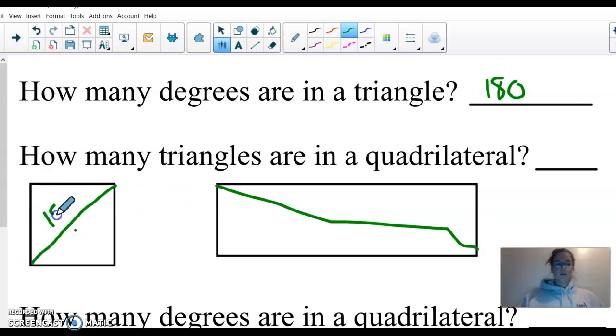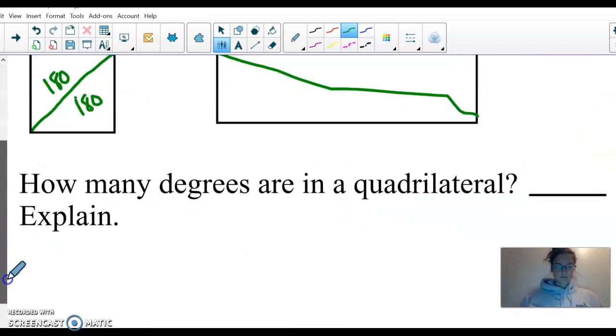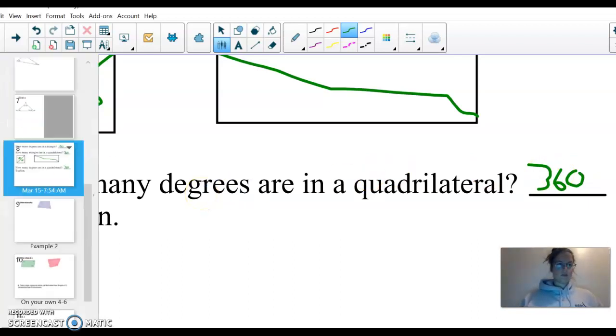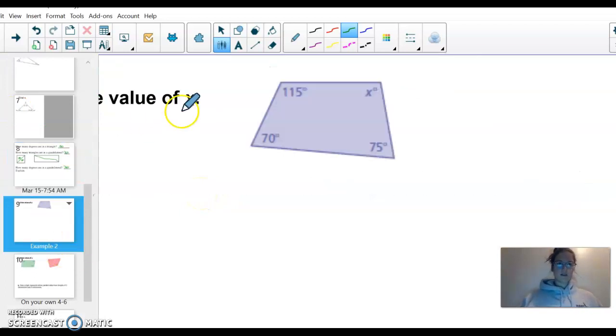So if this is 180 degrees, and this is 180 degrees, the whole thing adds up to 360 degrees. So a quadrilateral is like a square, rectangle, parallelogram, anything that's enclosed with 4 sides. So we're going to solve quadrilaterals like we did triangles.